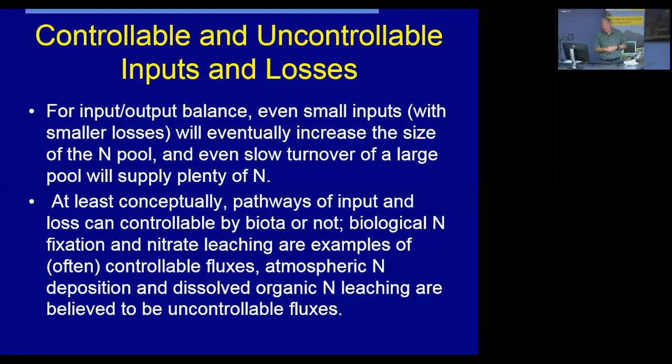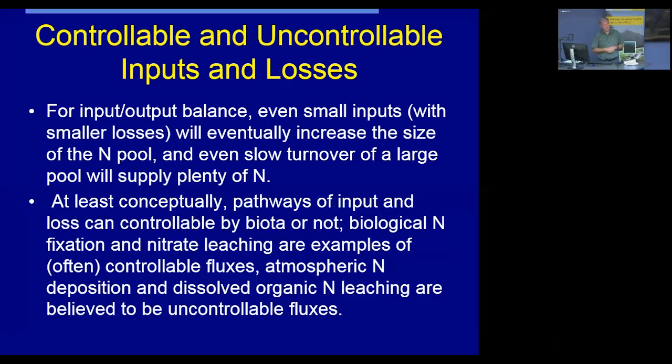There are reasonable arguments that leaching of dissolved organic nitrogen, large molecular weight stuff that's not readily taken up by plants or symbionts, not amino acids, but large molecular weight dissolved organic nitrogen, is not controlled by biota, and losses occur more or less in proportion to leaching intensity and nitrogen pools rather than demand.